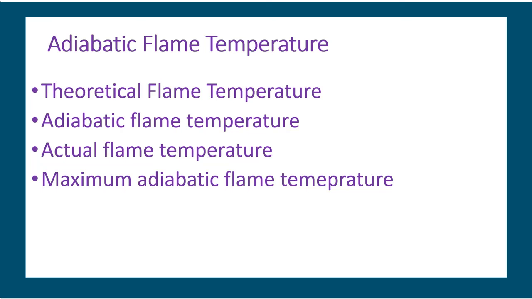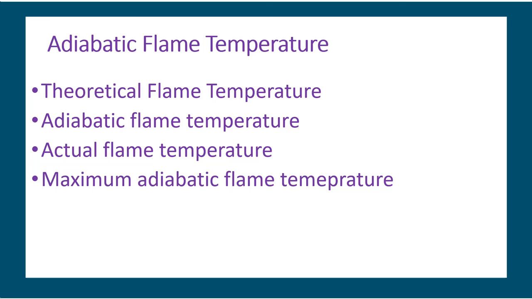But when a fuel is burned, if some combustion is taking place in the reaction, there we can define the adiabatic flame temperature. What is adiabatic flame temperature? When a fuel is burnt, a considerable amount of heat energy is released. Some of this energy is transferred as heat through the walls of the reactor, and the remaining causes a rise in the temperature of the reaction products.